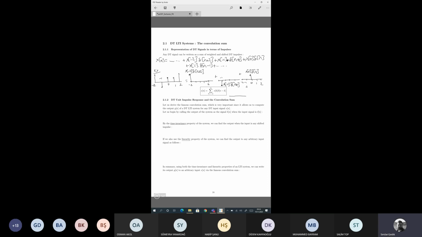So this is x of 1 impulse of n minus 1, and the last term is x of 2 impulse of n minus 2.